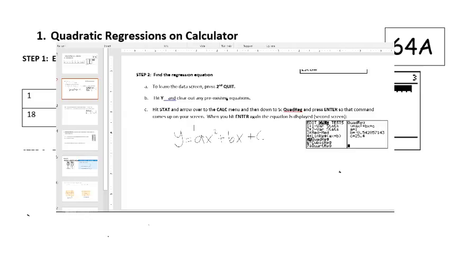Now we have our a value, b value, and c value. We can write our equation as y is equal to x squared, that's 1x squared, minus 8.5428574143x plus 25.4.